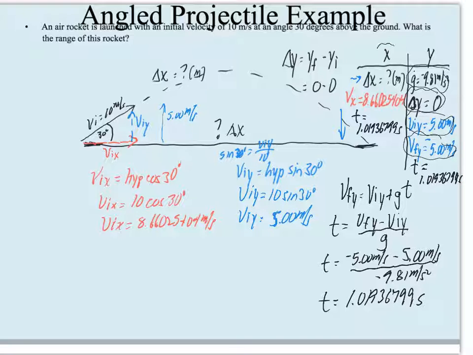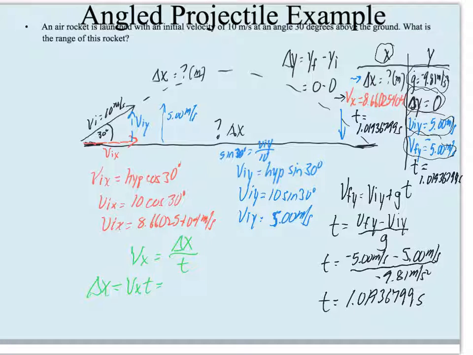Now on the x side, do I know 2 out of 3? Well, I know Vx in red. I know t. We just jumped through a bunch of hoops to find t. Can I find delta x? Sure enough, I can. If I know that the velocity along the x is equal to the change in x, which would be the range, divided by the time, then I can solve for delta x because I know delta x equals Vx times t.